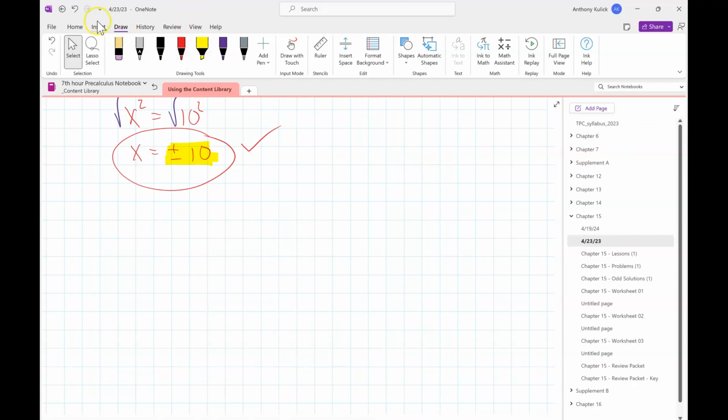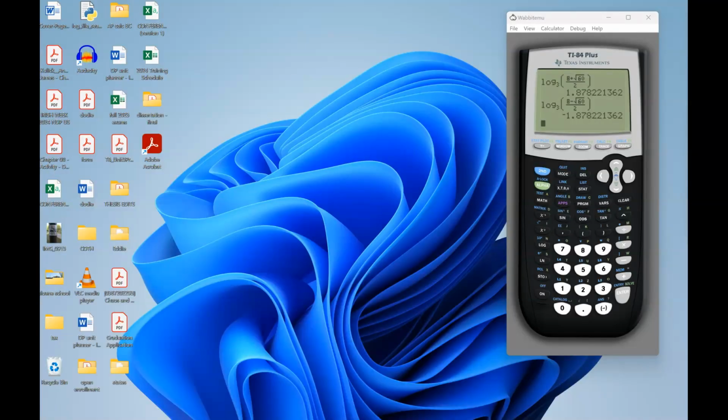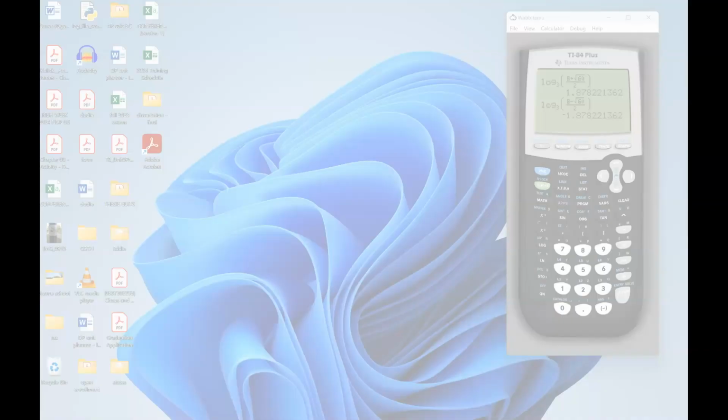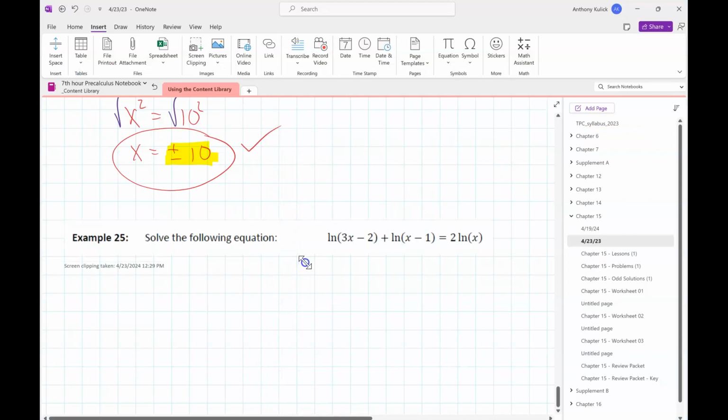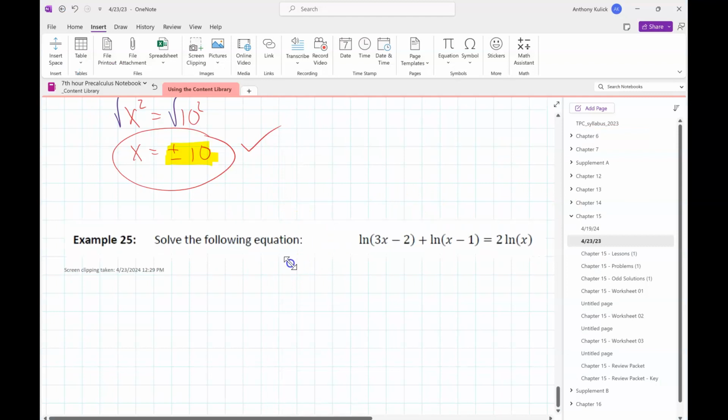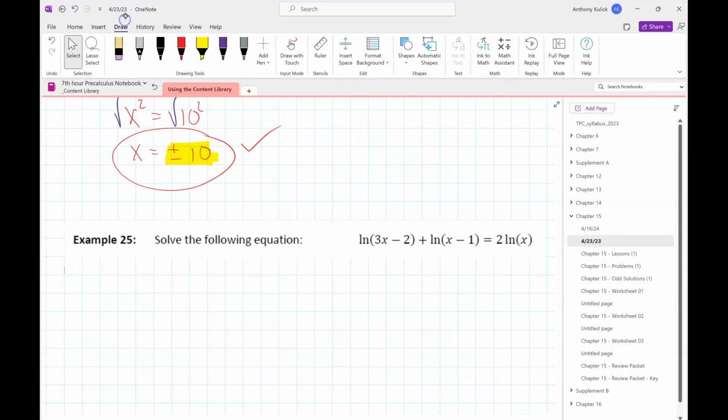Got one more example for today, and then we're going to take a stopper. Oh no, Mr. Kulik. What do you notice that's going on in this one?